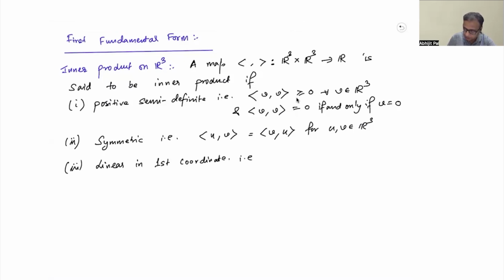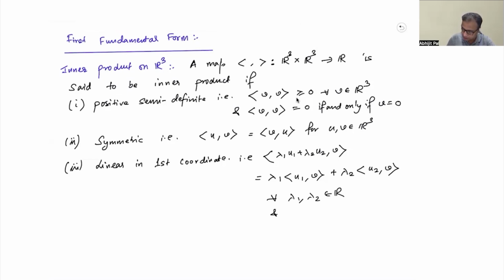So that is, the inner product of lambda 1 U1 plus lambda 2 U2 with B is equal to lambda 1 times the inner product of U1 and B plus lambda 2 times the inner product of U2 with B, where lambda 1, lambda 2 are real numbers and U1, U2, B are vectors in R3.